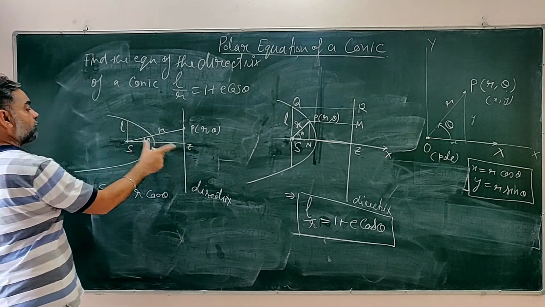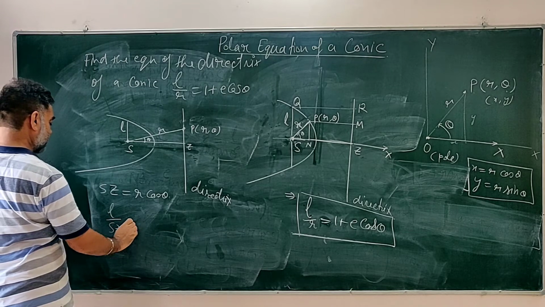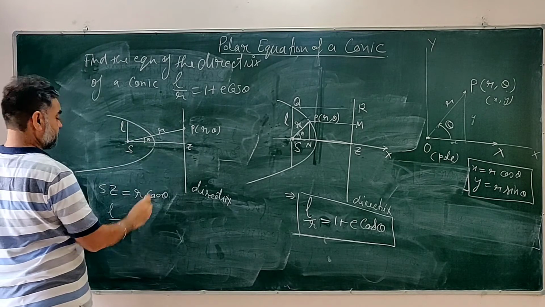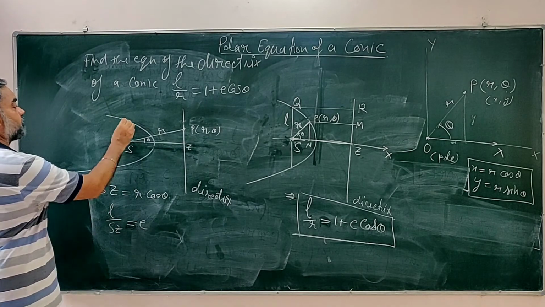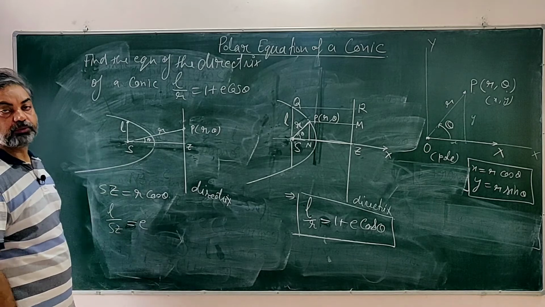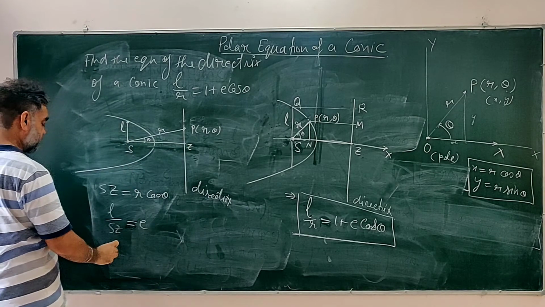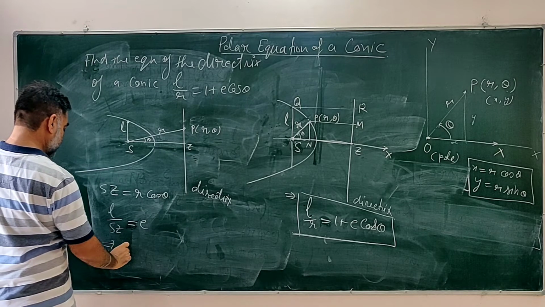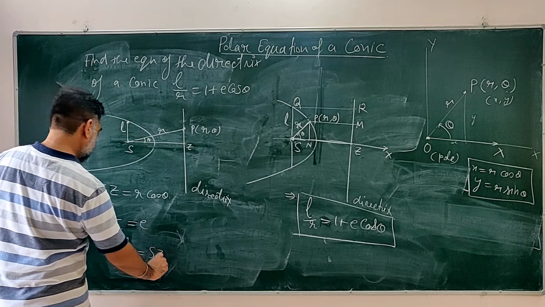Also L over Sz is equal to the eccentricity, right? This is easy to see. This is by definition of a conic. L over Sz is equal to the eccentricity. So L over e is equal to Sz.